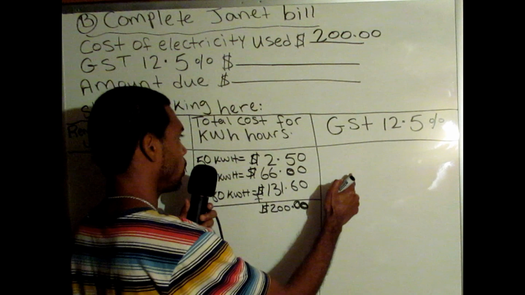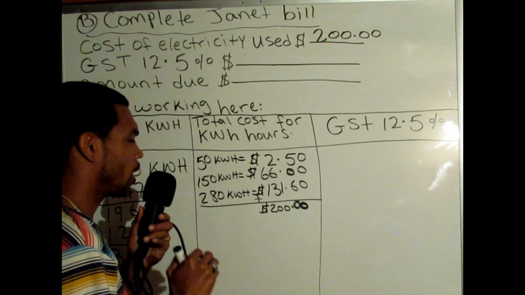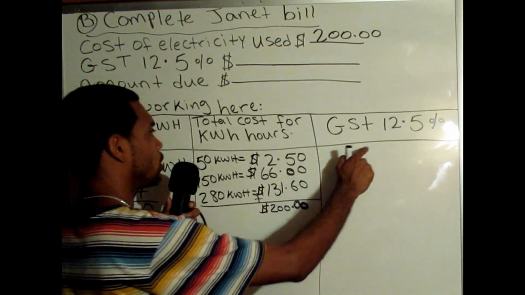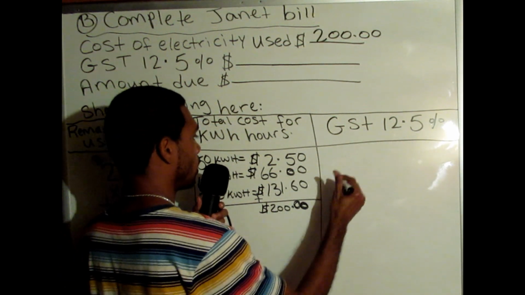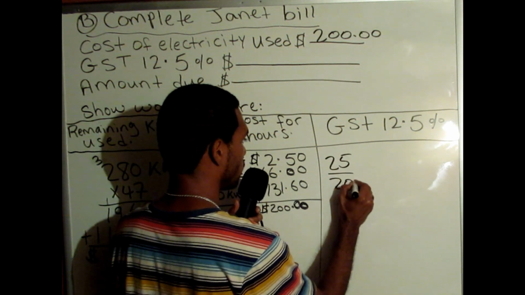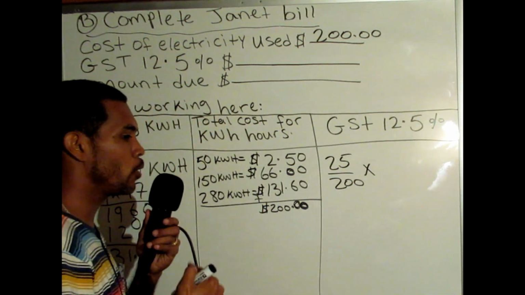And remember the rule that I told you in part 1, whenever there is a problem and they ask you to find 12.5% of any number, you just change this 12.5 into 25 over 200. Then times whatever amount of money you have.